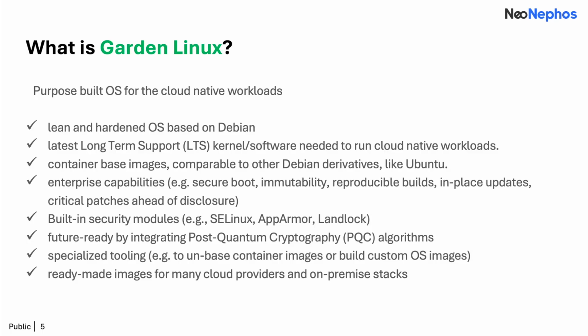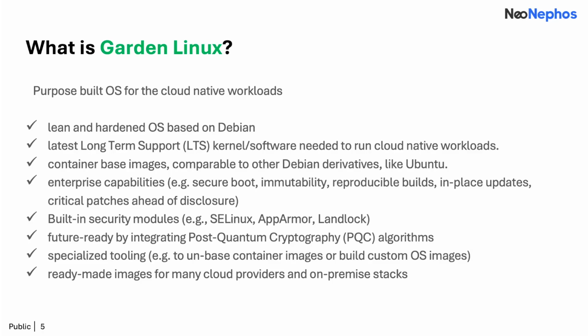We support all the software that you need to run cloud native workloads. So mainly, for example, Containerd or Systemd. And we provide all this also in super reduced container base images. They are comparable to other base images, but also comparable to distroless images. Distroless images are images that are super small. So, for example, distroless for static C libraries will only have the static C library in, but distroless has one disadvantage.